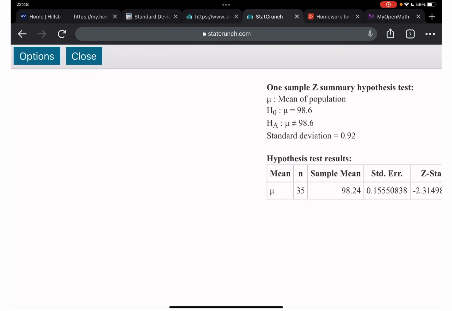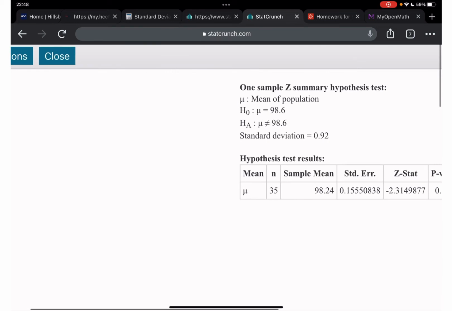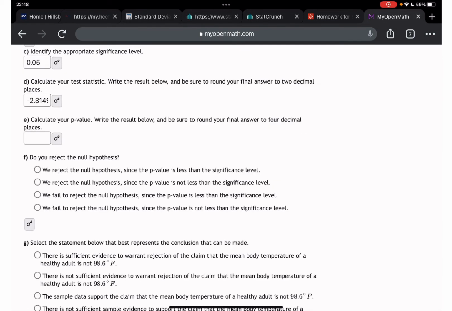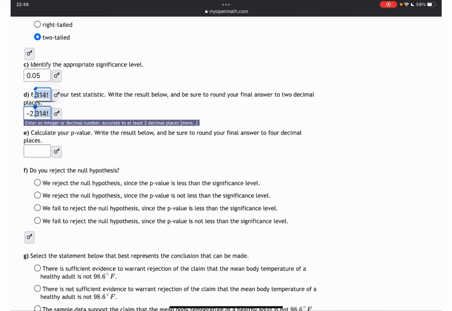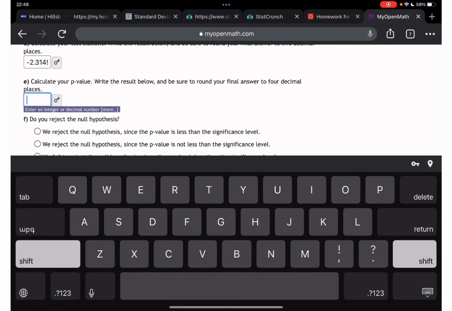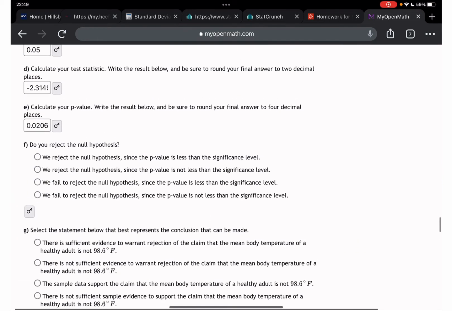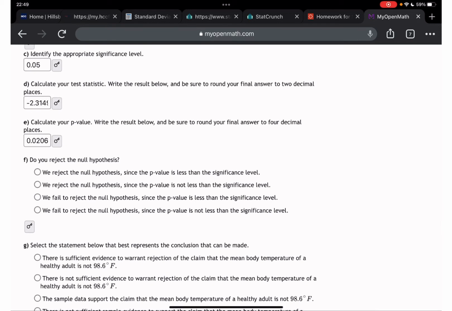I'm hesitating. 3149877. Okay. Now p-value, and we already have it, 0.0206. Okay, does it say 4 digits? Okay, 4 decimals. Okay, we have it.